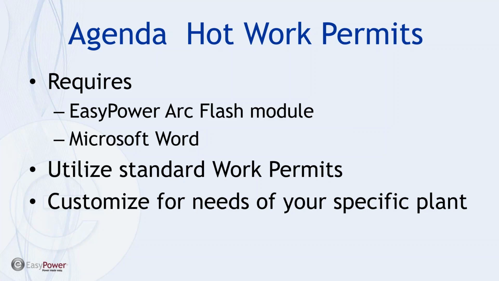What I'm generating requires an EasyPower Arc Flash module, because that's where the data comes from, and then Microsoft Word, because that's what the templates are built in, and we use Microsoft Word to generate the output.